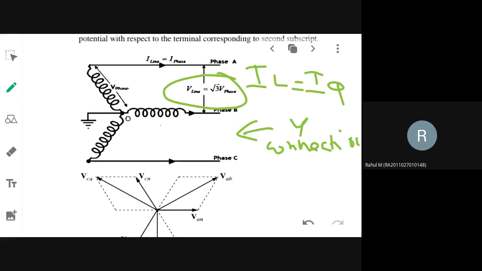There is a formula that I have circled. What is that formula? V line is equal to root 3 times V phase. How it came about, you need to derive. This equation is very important, so make a note. This is a frequently asked question.